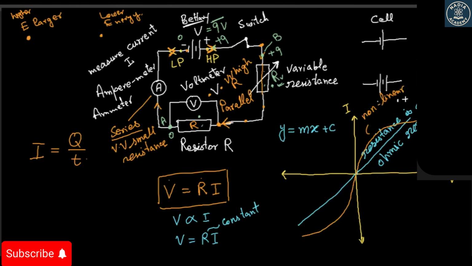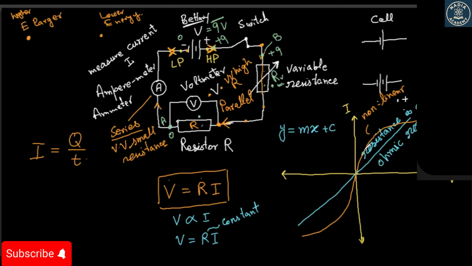If this is non-linear, that means, first of all, it is not ohmic. What is the meaning of that? It means the resistance is not constant, meaning that the resistance is changing when we are pushing the current through the wire or through any element. So now you see, we are increasing the potential difference.